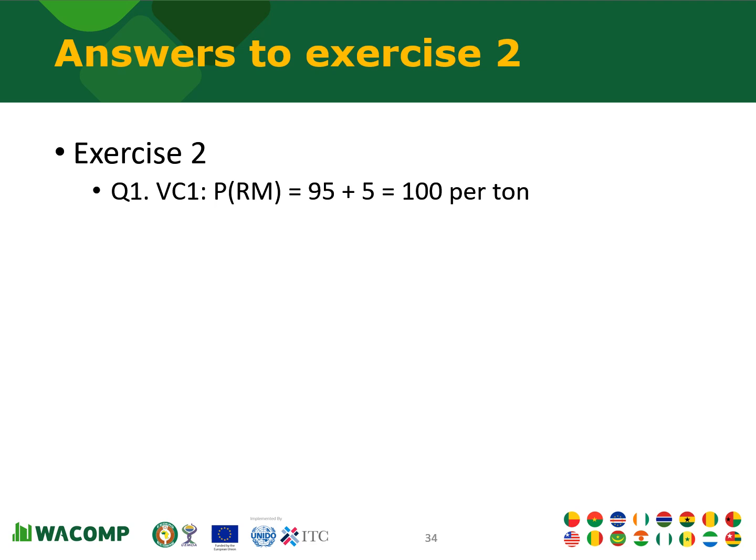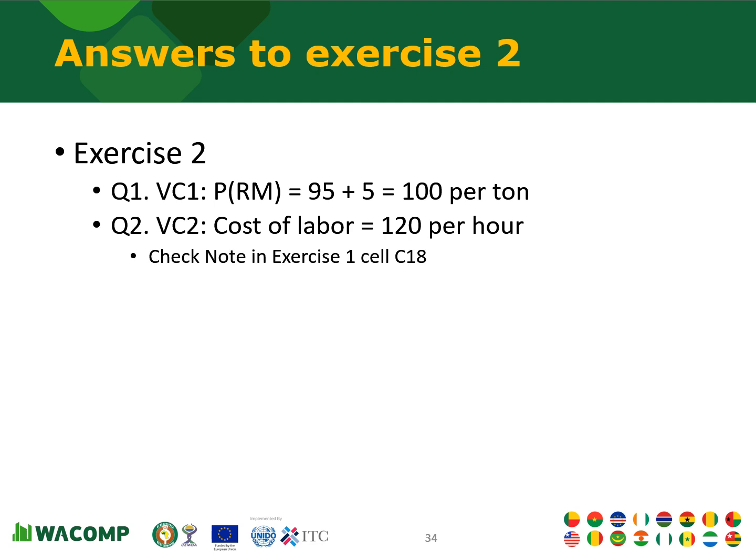Question 2 was, pay €3 extra per labor hour? The answer will be that the cost of labor equals 120 per hour. But how to do this? Check the note in exercise 1, cell C18.